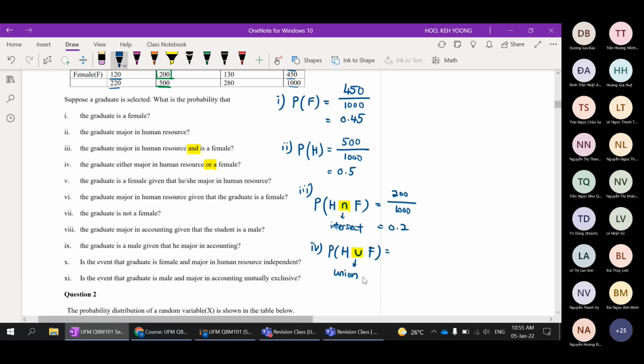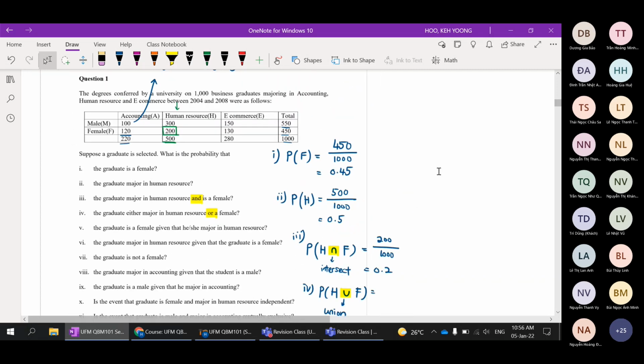H union F. So it can be either human resource or female. As long as the graduate majors in human resource or is female, they will be included under here.